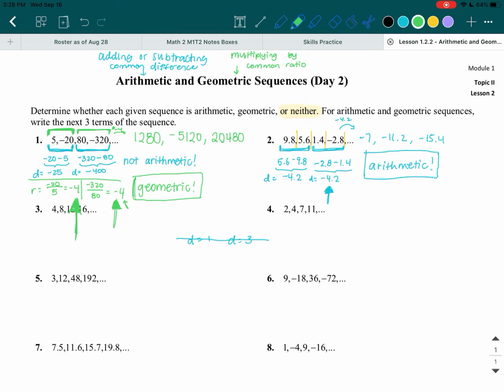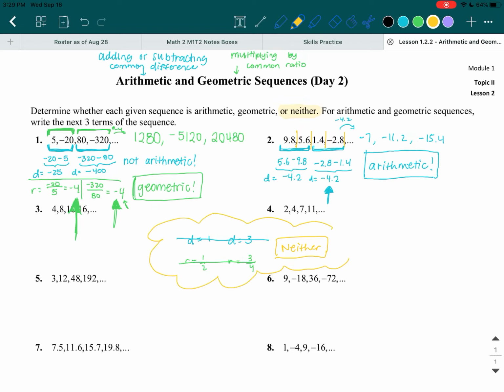It's not arithmetic. You try your geometric calculations. You get a ratio of 1/2, and then your next ratio is 3/4, and you're like, okay, those don't match up, so it's not geometric. So what you can write is neither. You literally just write neither, and it's totally fine. You don't need to calculate the next three terms if it's neither, all right?